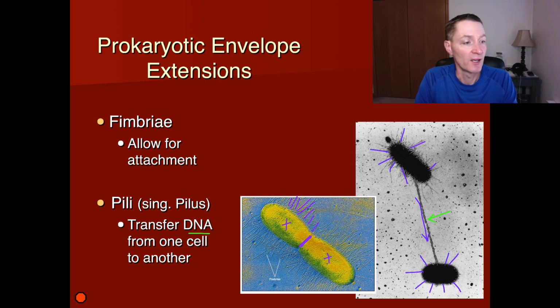Now, something interesting and really medically relevant is that the ability to form fimbriae and pili like this is something only pretty much gram-negative organisms do. We don't see fimbriae and pili formed by gram-positive organisms.